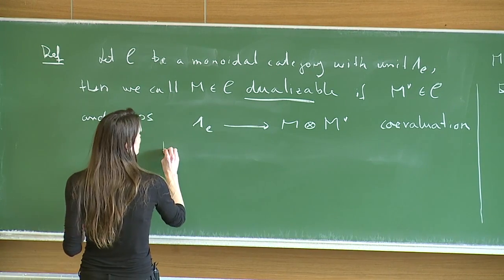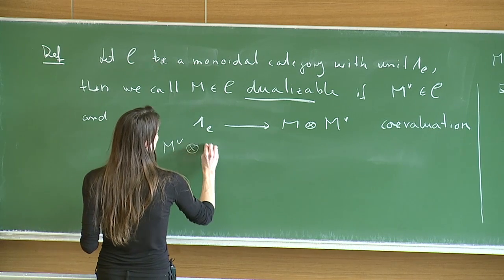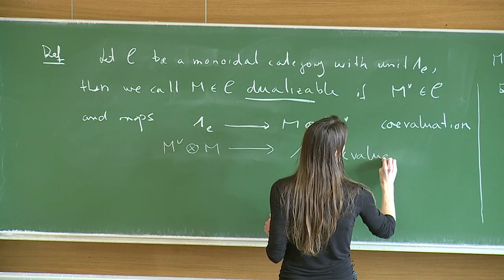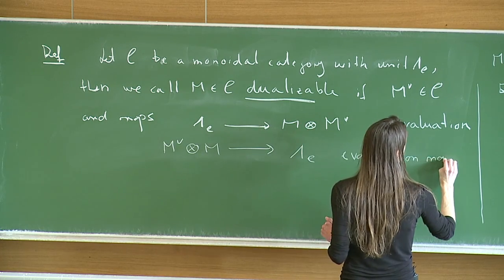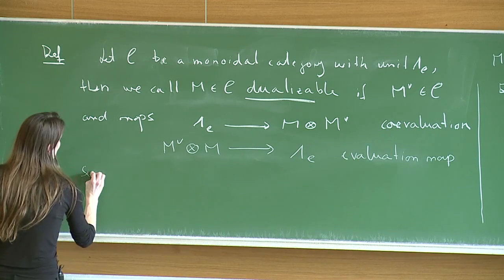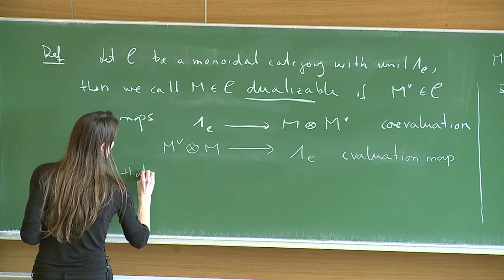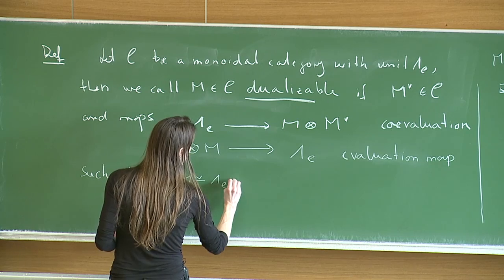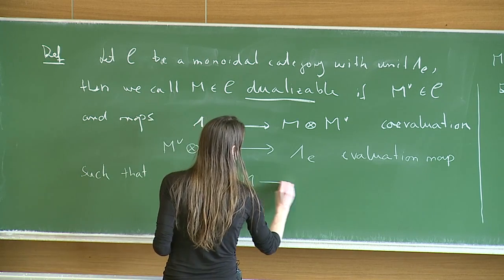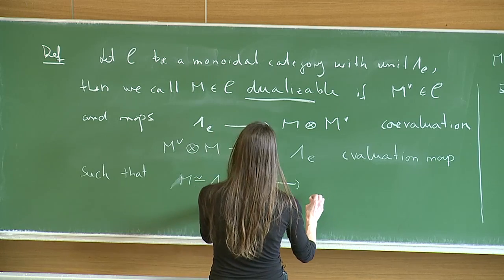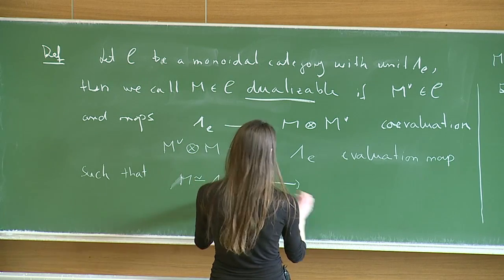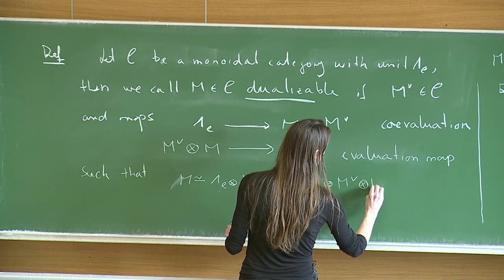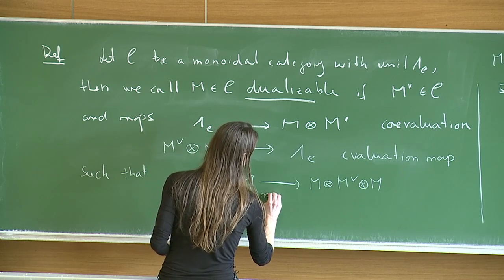And dually an evaluation map, so a map from M dual tensor M to the unit of C, which is called the evaluation map. We want these maps to satisfy the following property. If I start off with M, which is 1_C tensor M, because 1 is the unit, I can apply the coevaluation on the first factor and the identity on the second, which lands me in M tensor M dual tensor M. So this is coevaluation tensor identity.